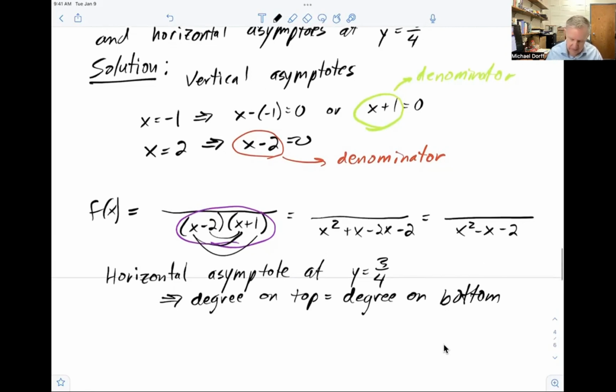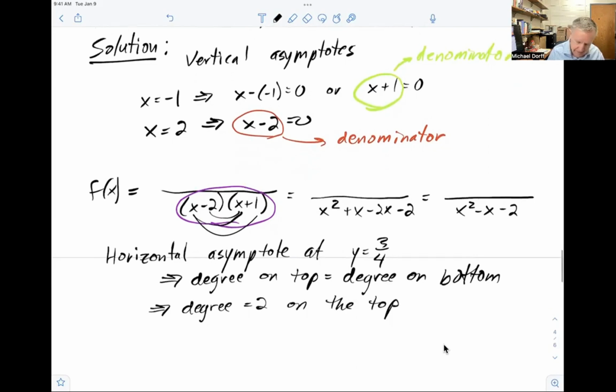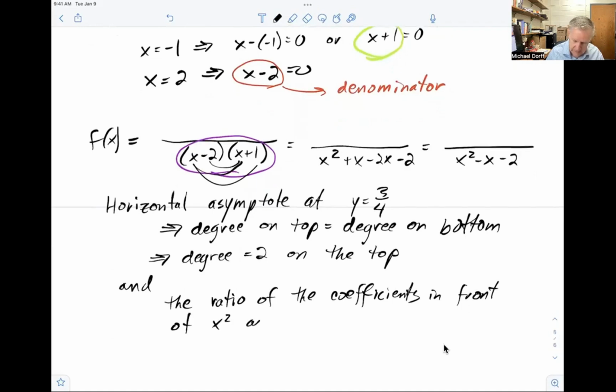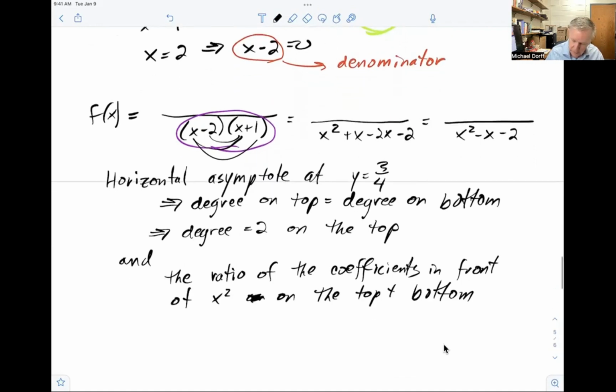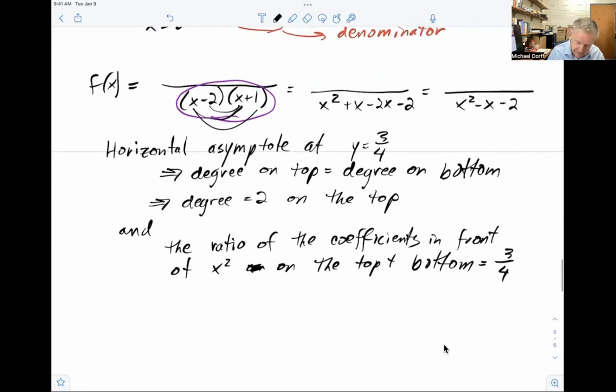So I have to have a degree 2 on the top. So that implies I have a degree equals 2 on the top. And the ratio of the coefficients in front of x squared on the top and the bottom equals 3/4. So again, my f of x looks like this so far.